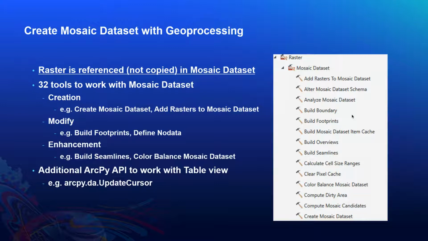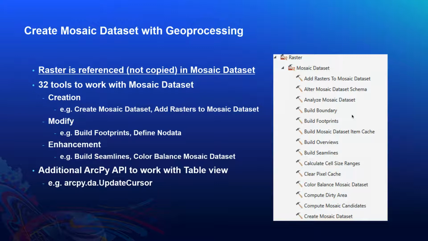The Mosaic dataset tools support the creation workflow. You can create the Mosaic dataset and add rasters to the Mosaic dataset. You can also modify the Mosaic dataset, such as building footprints or defining nodata. And it also supports imagery enhancement workflows, such as building seamlines or color balancing the Mosaic dataset.